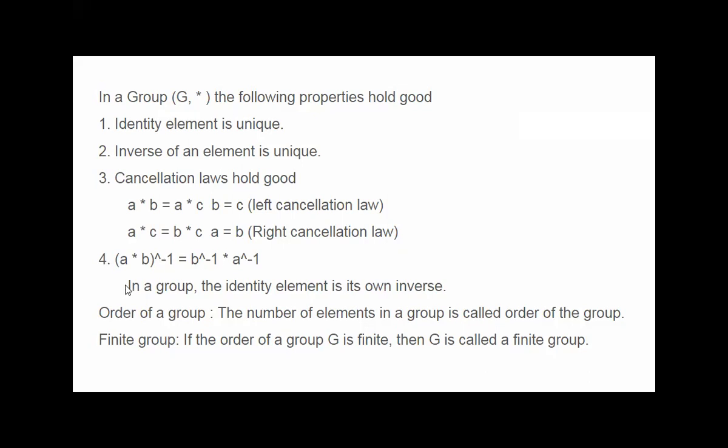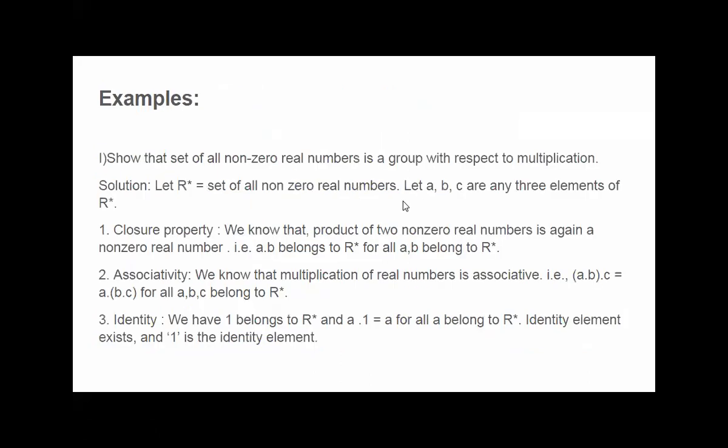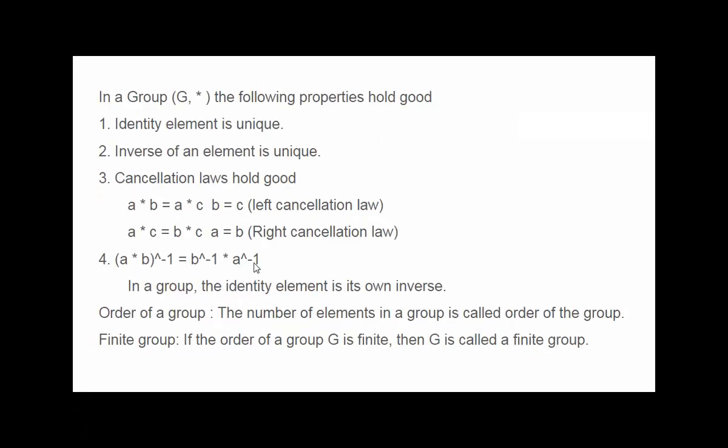If we have to evaluate the inverse for two elements, A and B, it will be (A star B) raised to -1, meaning inverse. (A star B) inverse is equal to B inverse star A inverse. Star is any binary operation under which the group is defined.